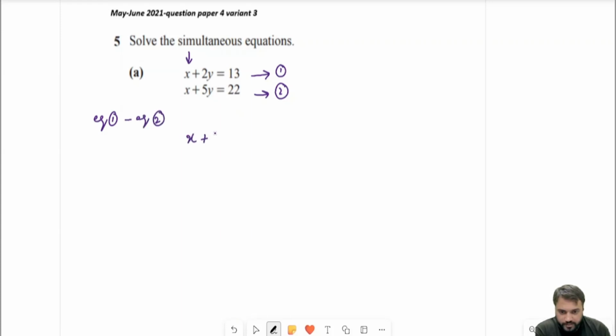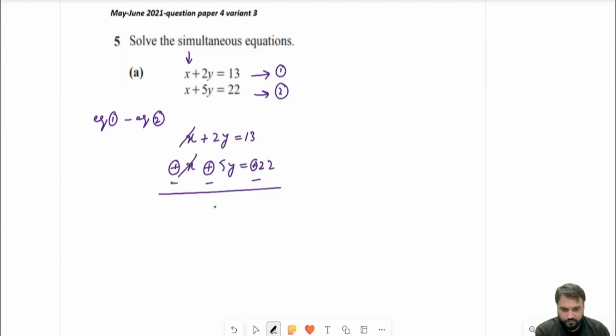x + 2y = 13, x + 5y = 22. Now change the signs. This x can cancel with minus x, and 2y minus 5y gives minus 3y = 13 minus 22, that is equal to minus 9.